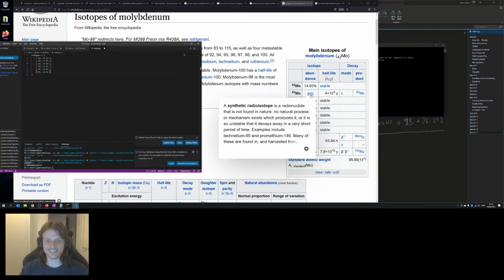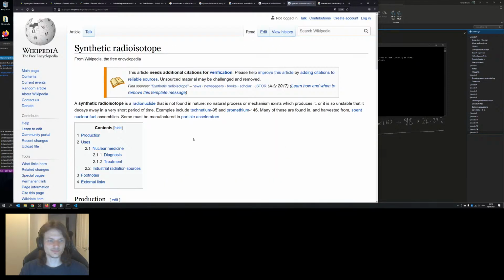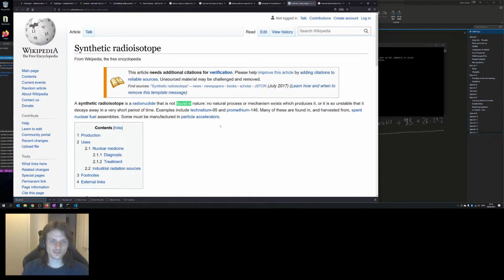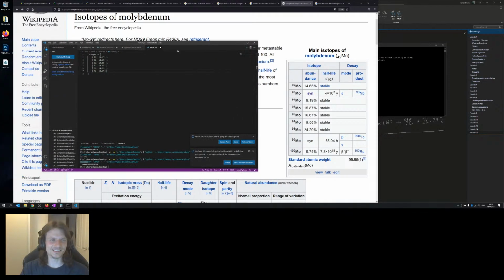Examples include technetium-95 and promethium. Some are found in and harvested from spent nuclear fuel assemblies. Some are made in particle accelerators. So cool. Alright, let's get back on it.